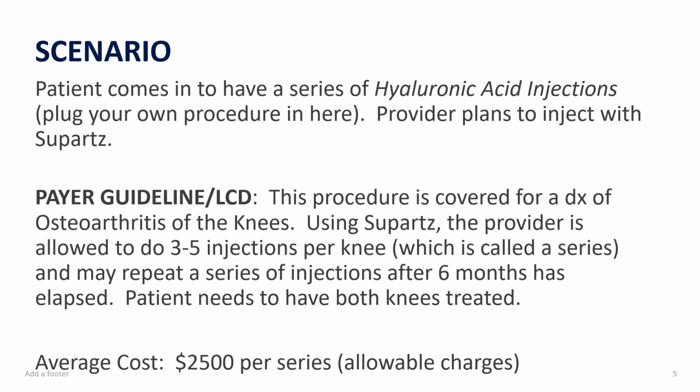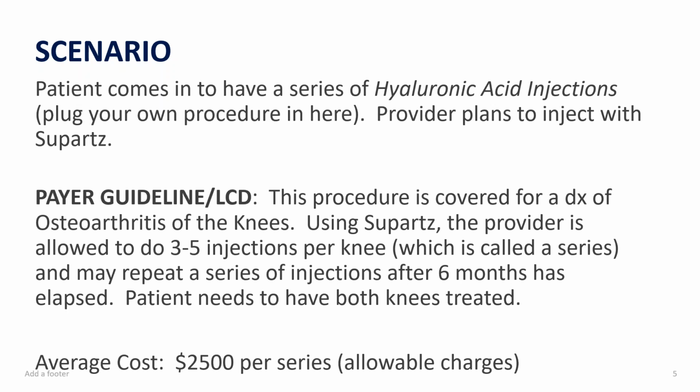Under the payer guidelines, the provider plans to do these injections with a drug called Supartz. And when you read the payer guidelines, they state that the procedure is covered for a diagnosis of osteoarthritis of the knees, and using the drug Supartz, the provider is allowed, under the Supartz suggested utilization, to do 3 to 5 injections per knee.